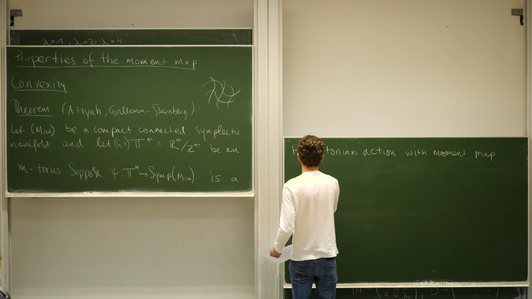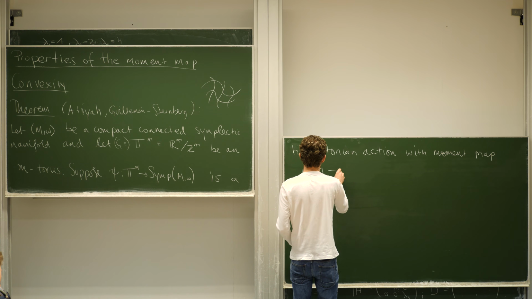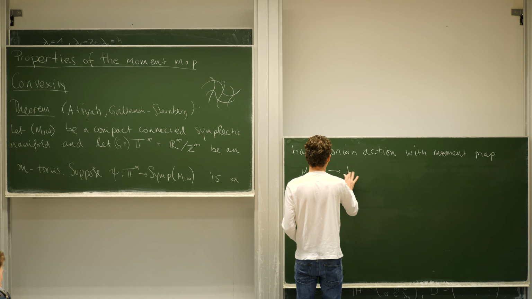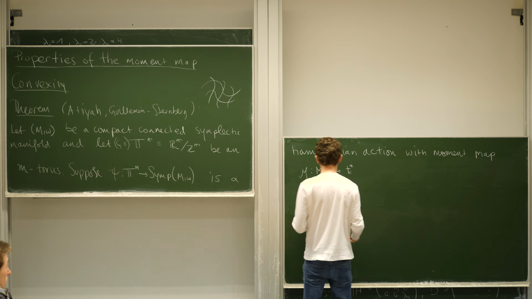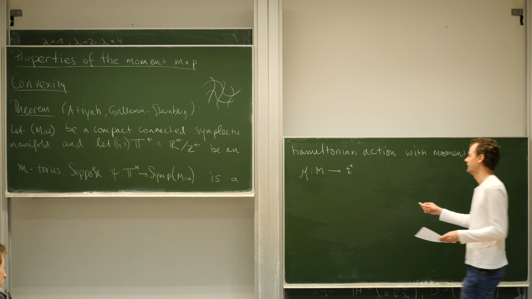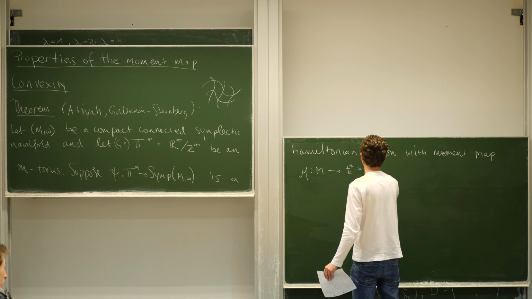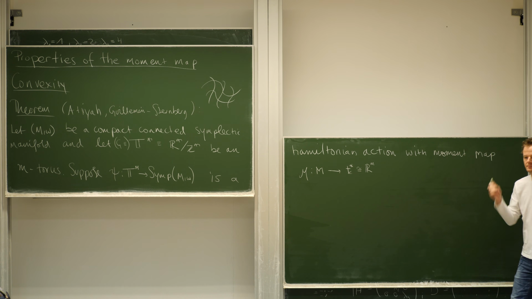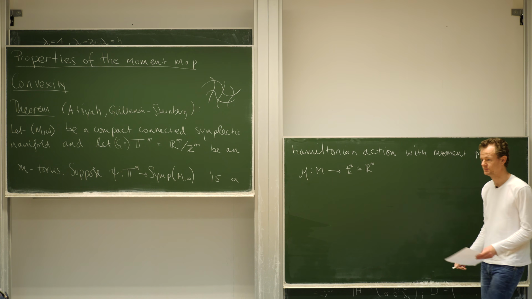It has a moment map, which is a map from the manifold to the dual of the Lie algebra. It's just here denoted T star, and T star is equivalent to R^m in this case.